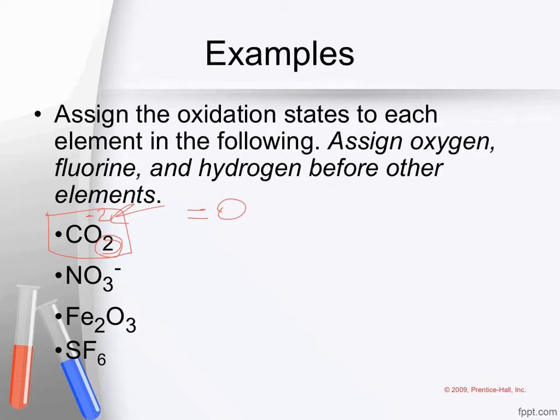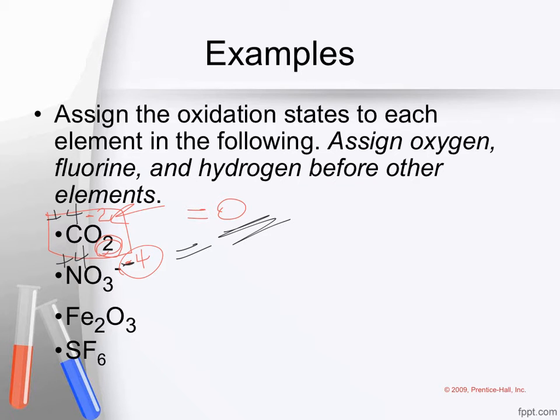So because we have 2 oxygen, the 2 oxygen contribute -4 to the overall oxidation number. And so because the overall oxidation numbers have to add up to be 0, if the 2 oxygens give us -4, that means the carbon has to be +4 so that they add up to 0. So I'm going to put +4 up here.